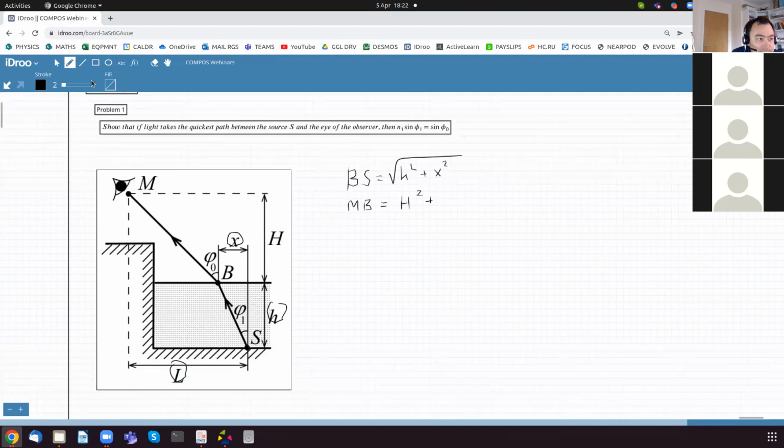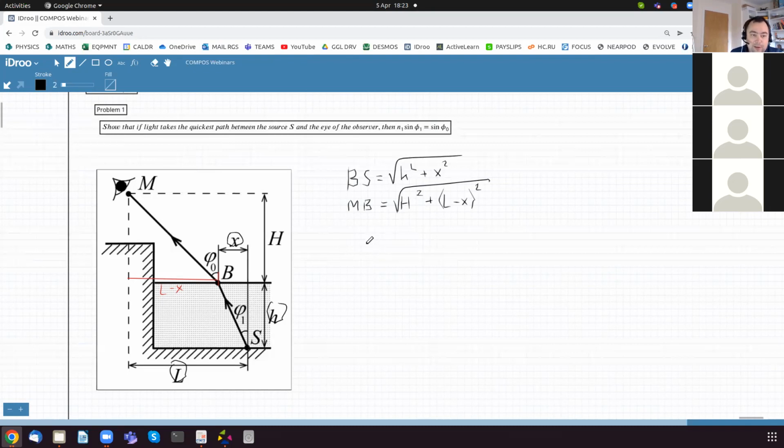We need this distance, which is L minus x. So this is the path length.